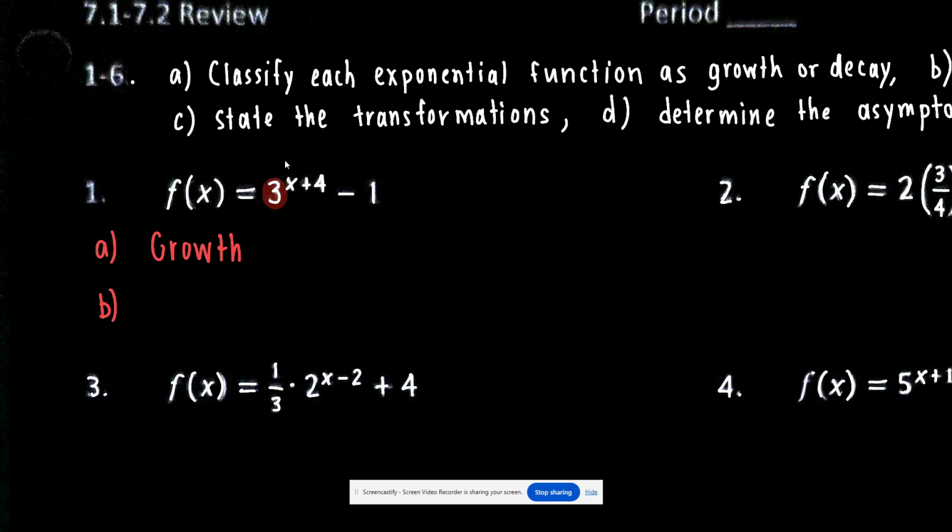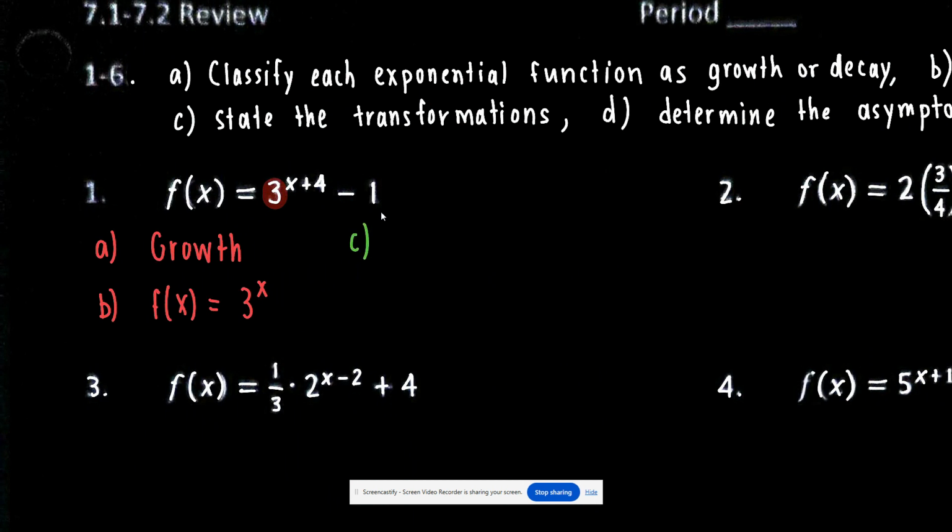The fact that that is the base of your exponent makes your parent function simply 3 to the x power. And what I said to you guys over and over again when we were doing this is anything that is not 3 to the x power is going to represent a transformation.